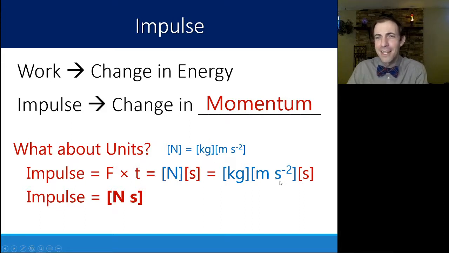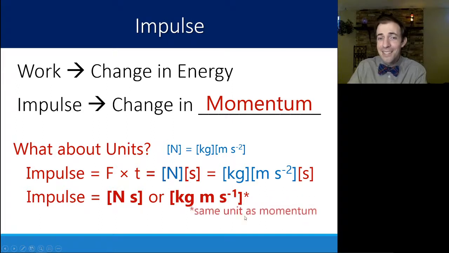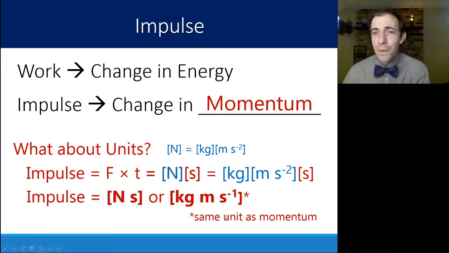Seconds divided by seconds squared crosses off a little bit, so I only have 1 second on the bottom. So this turns into kilogram meters per second. Notice how this is the exact same unit as what we used for momentum in the last video. So impulse, force times time, simplifies down to the exact same units as momentum, which is mass times velocity.